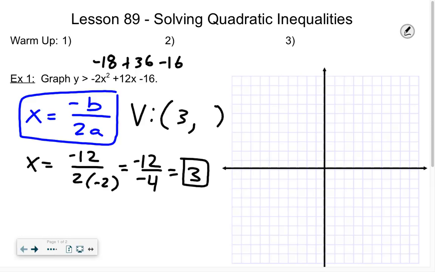I'm asking you to simplify negative 18 plus 36 minus 16. Well, that's not good. It's 2. There you go.